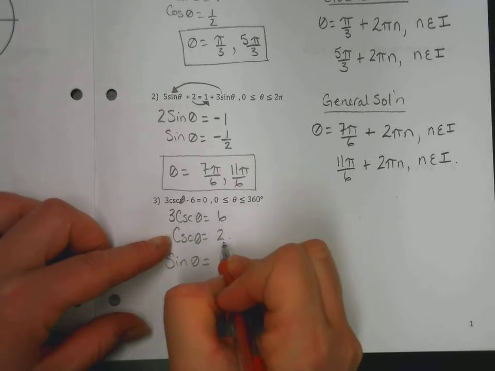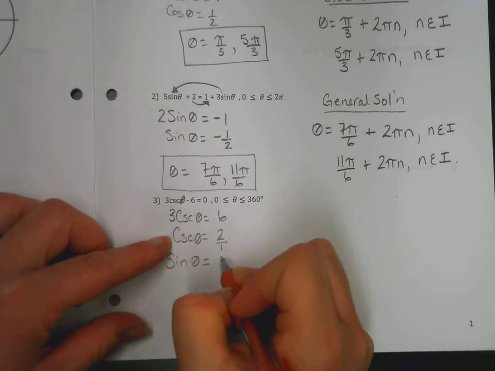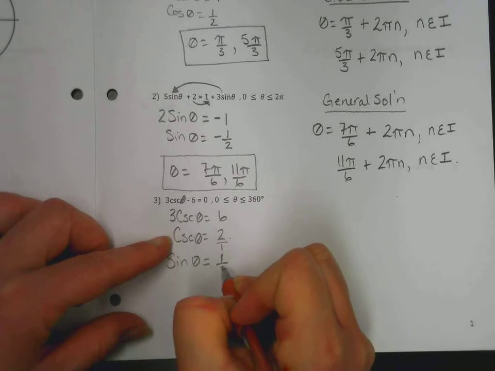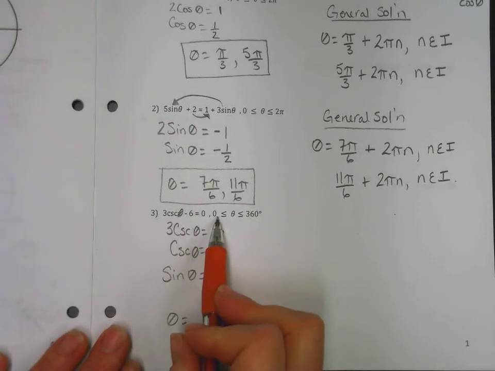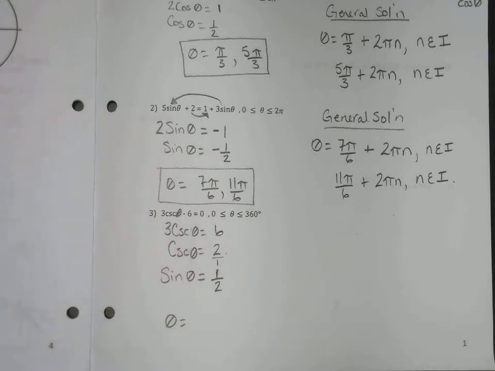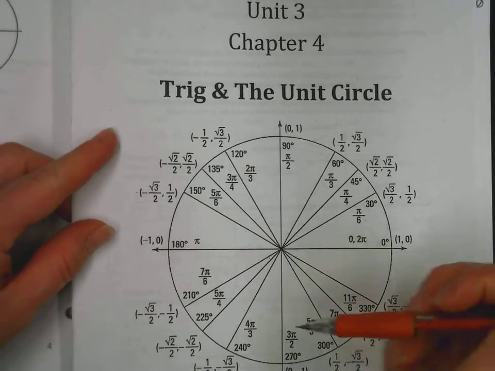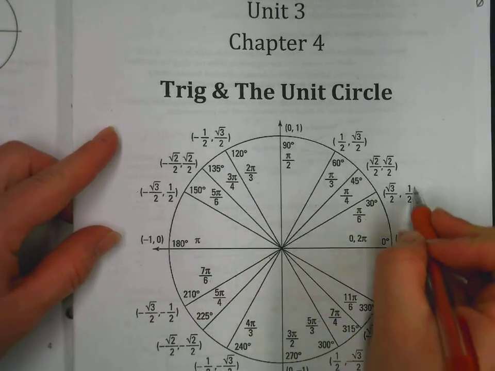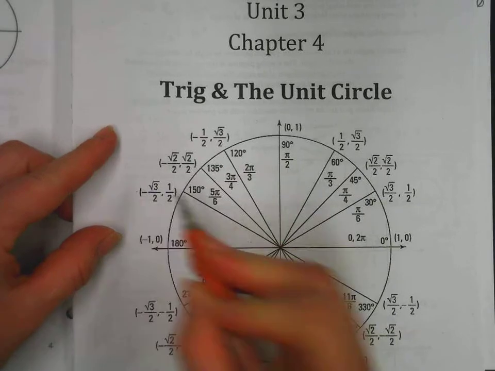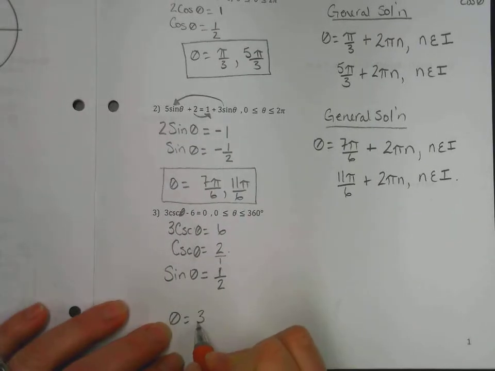So instead of 2 over 1, it's going to be 1 over 2. And now, straightforward, we are solving this equation from 0 to 360, so now my solution should be in degrees. We're looking for when sine is equal to 1/2, so here at 30 degrees, and then here at 150 degrees. So my solution should be 30 degrees and 150 degrees.